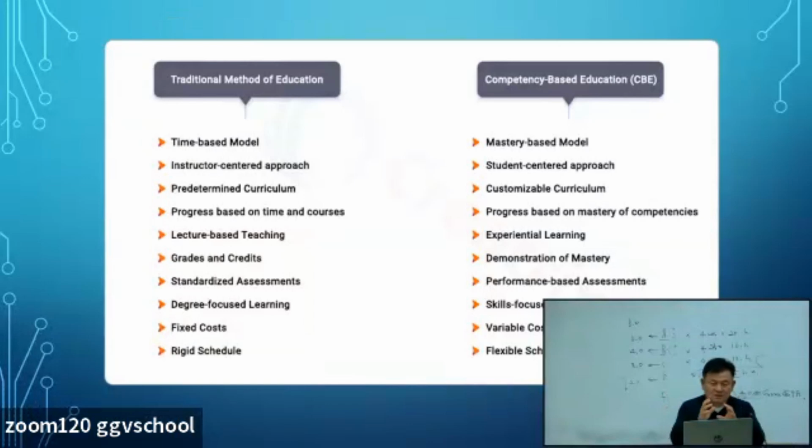The goal is specified training, specified learning, so this is a mastery-based model. It is exactly different from the traditional education system. Second, the traditional approach is instructor-centered, because it is only one way, from teacher to students.